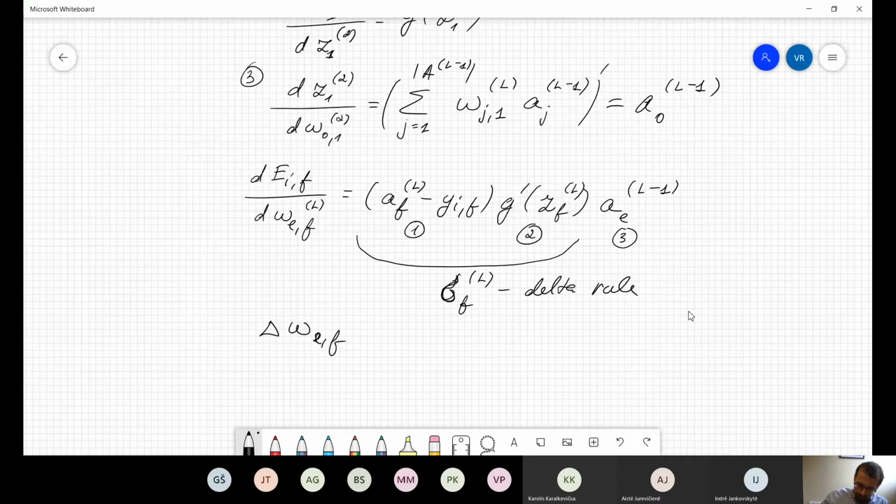Right. So E and F on the final layer becomes equal to epsilon. This is the learning rate.